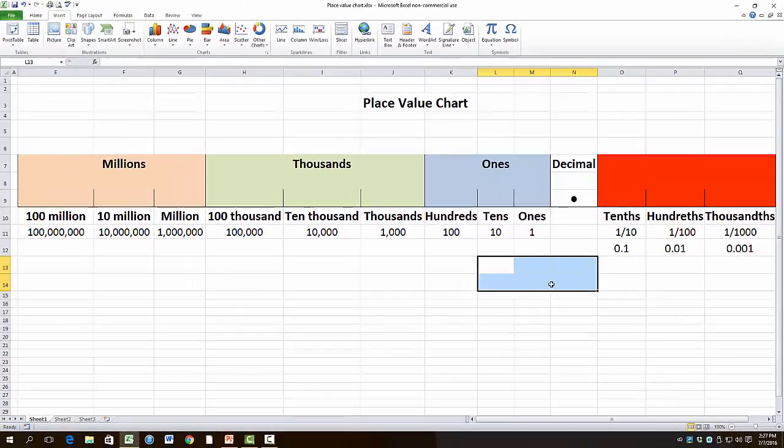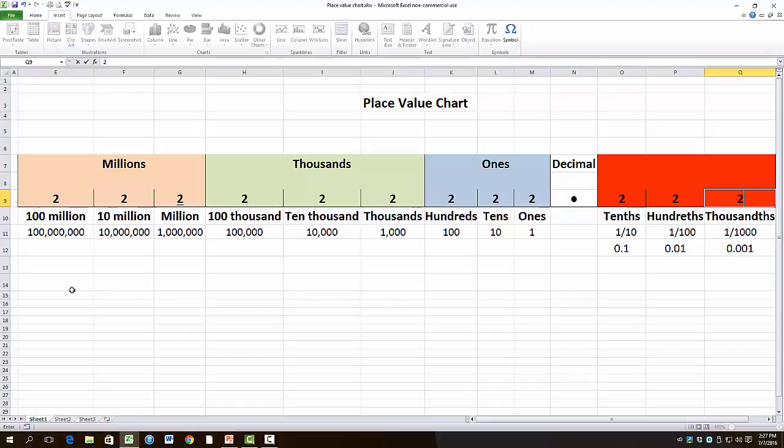Well, let's look at a few examples. If I were to write down a number here, we're just going to make this pretty easy. I'm just going to put in all twos. We would read this as 222,222,222, then we'd say 222 thousandths. So just to illustrate again how this would work, if I look at my ones place value here, and I wanted to move up one spot to the tens place value, I would multiply by 10.